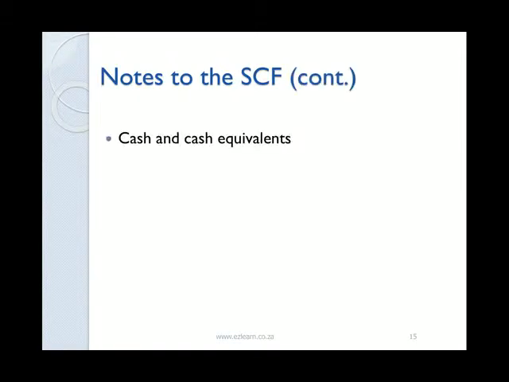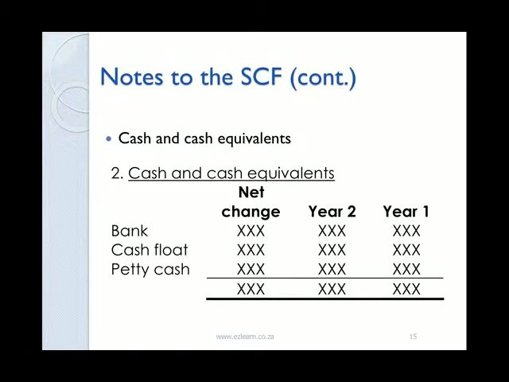The second note is the note for cash and cash equivalents. This is quite a simple note to do, but it is very important as it shows how the different cash items changed from one year to the next. Quite simply, you will list your bank, cash float, petty cash, and any other cash items for year one, and you will list the items in year two.